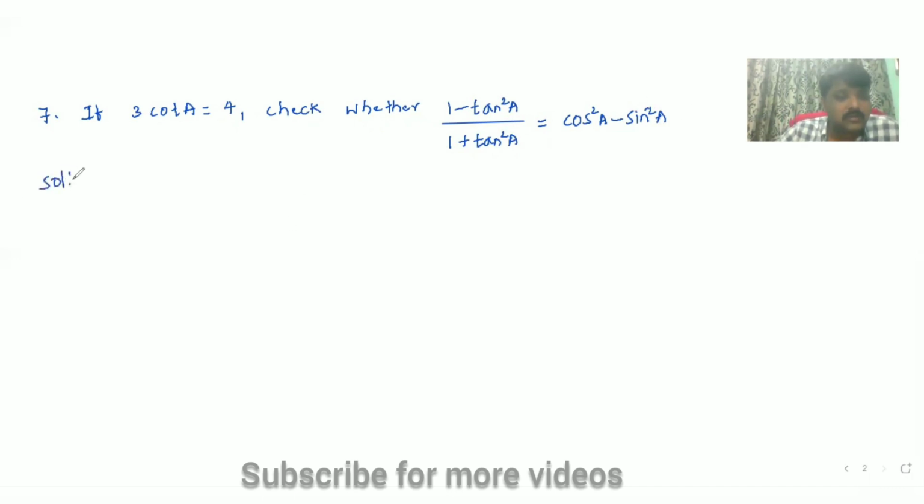Okay. Given 3 cot A equals 4, cot A equals 4 by 3.